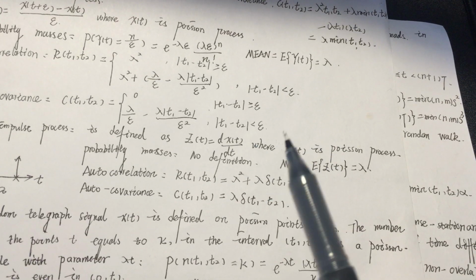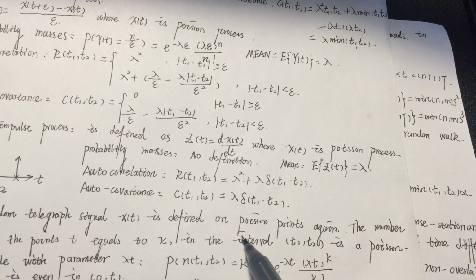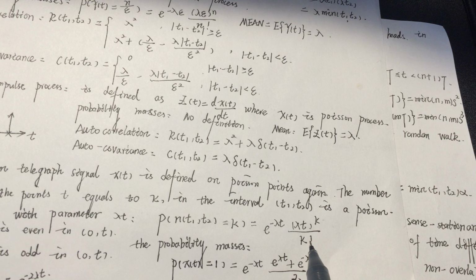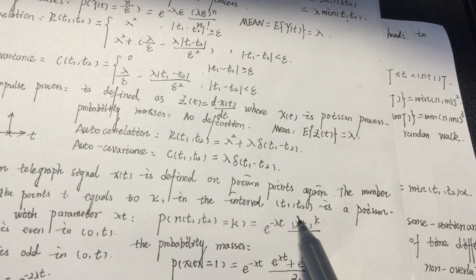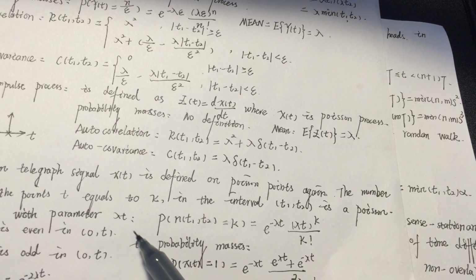The semi-random telegraph signal X(t) is defined on Poisson points again, and the number N(t1, t2) of points equal to k in the interval t1, t2 is a Poisson random variable with parameter lambda t.